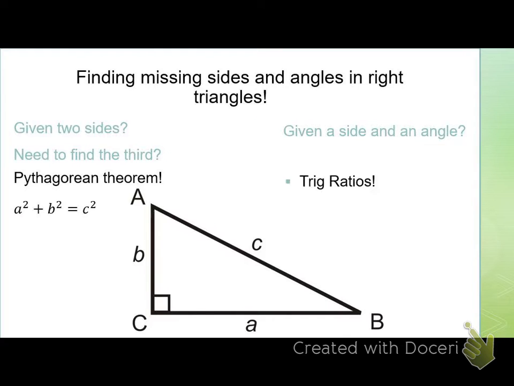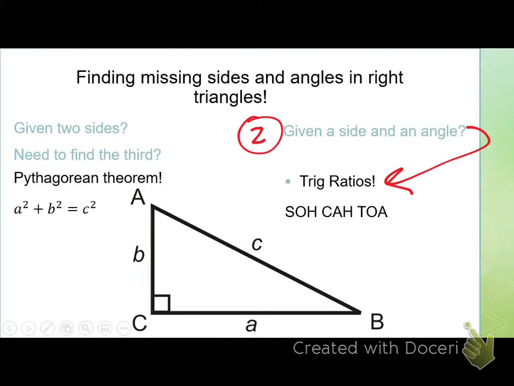So that is why we learn about trig ratios, which are SOH CAH TOA. And we will talk about what that stands for and why it's a crazy word in a minute. But if you are given a side and an angle, you will use trig ratios. What do you think trig is short for? Trigonometric, to be specific. So if you're given a side and an angle, use trig ratios.